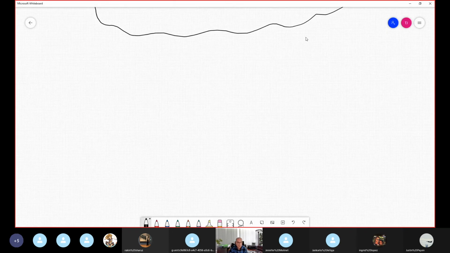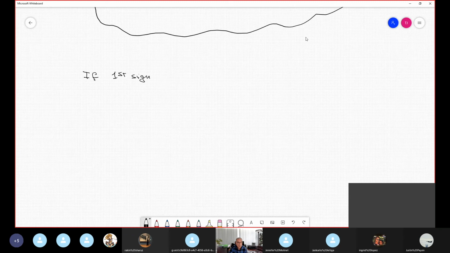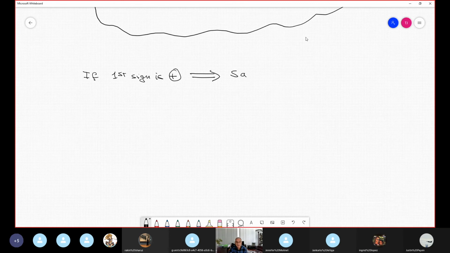Okay, the template says, if the first sign is positive, it implies same sign. Same sign means plus, minus.